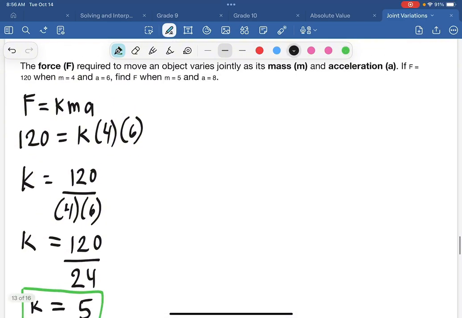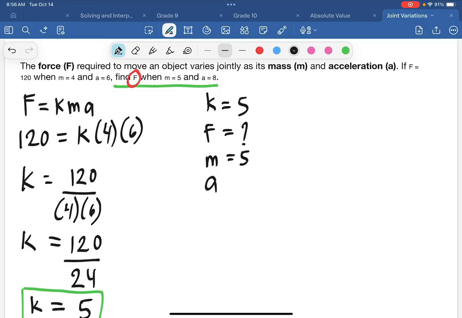Now based on this, let's write first K equals 5. F here, based on the second part of the problem, is what we are looking for. So F is missing. M is 5 and a is 8. For this one, you could just directly substitute them.